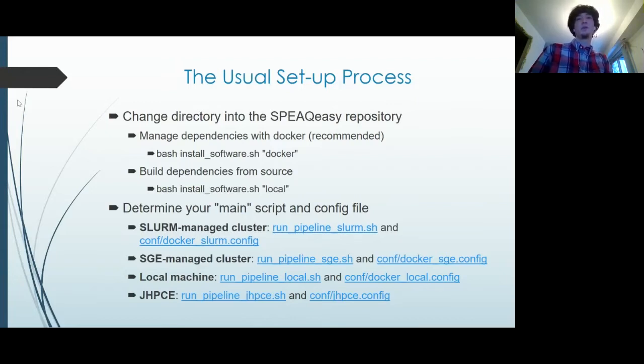Note, if you didn't use Docker to install, it would be slurm.config instead of docker_slurm.config. But the naming convention is the same if you use an SGE managed cluster, if you're running it locally, or at the Johns Hopkins high performance computing environment, where we developed Speakeasy. But yeah, those are the files to keep in mind.